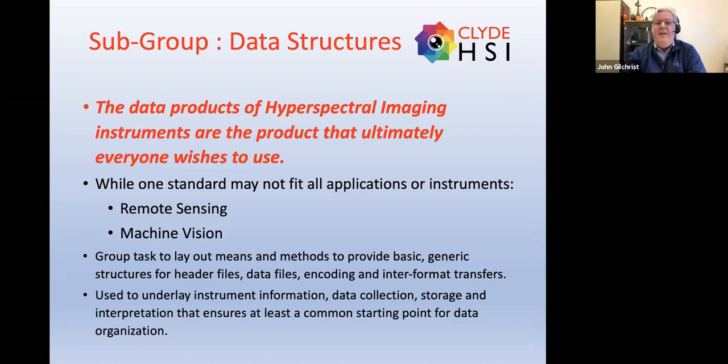Ultimately, the key output is the data. And that's what every customer wants. In fact, how you get that data is important in some ways, but I had a boss many years ago that said, it doesn't matter, John, what is inside the instrument, so long as the data is reliable and proper.